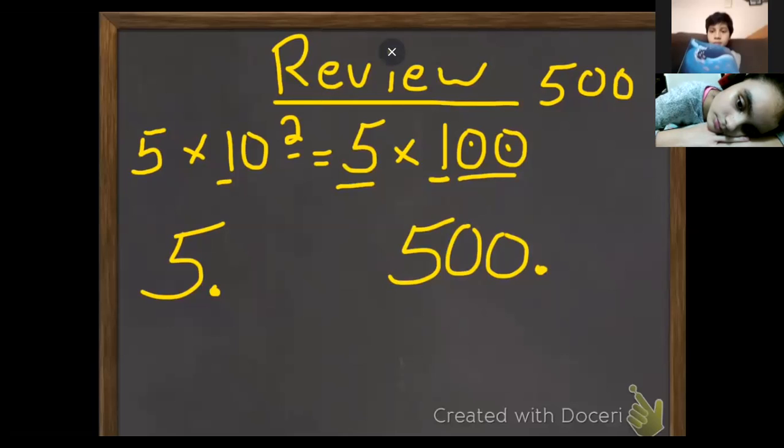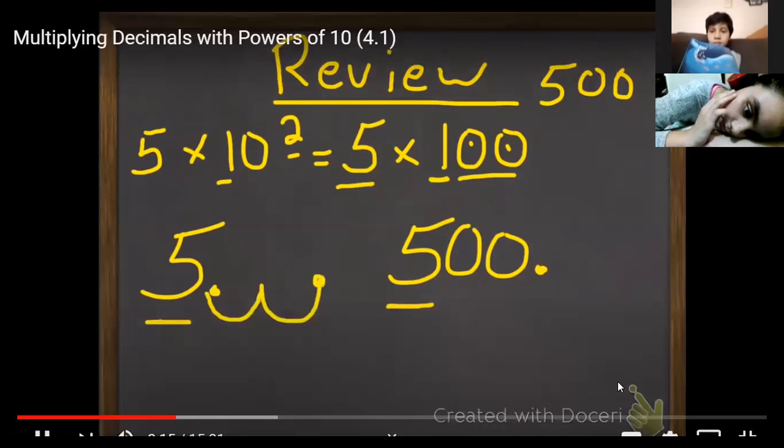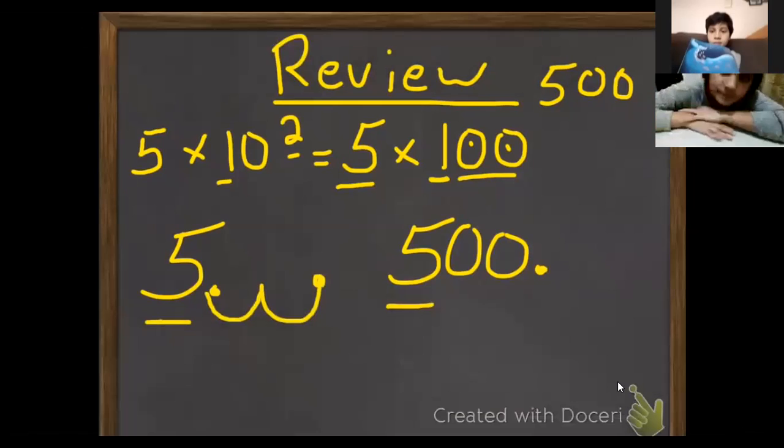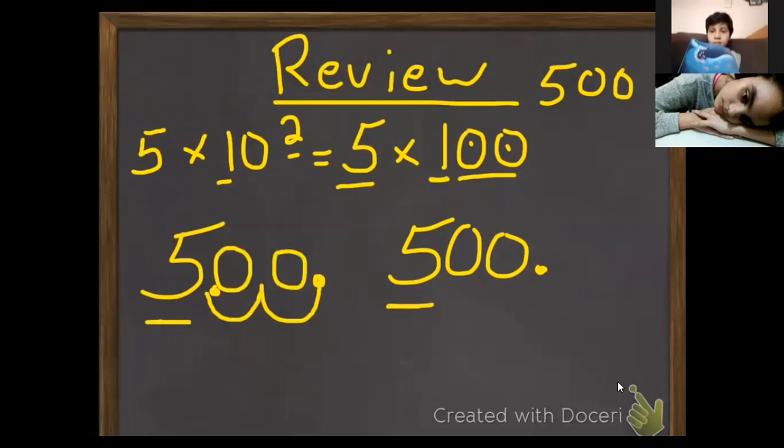In our final answer, the 5 has shifted all the way over to the hundreds place. It has shifted 2 place value positions over. When we multiplied it by 100, what we've really done is shifted the decimal 1, 2 places over. And in those empty place value positions we've created, we put in zeros, 0, 0, and that's how we turn that 5 into a 500.